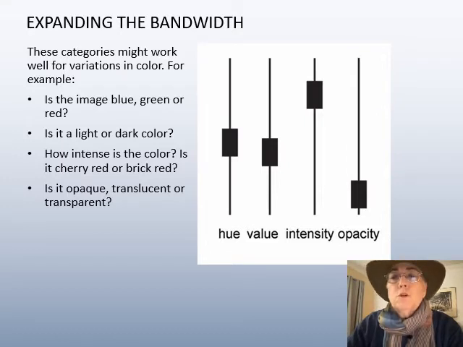Value, which refers to the lightness or darkness of a color, let's say the difference between a bright sky blue and a dark midnight blue. Intensity, which refers to the purity of a color, let's say the difference between a dull brick red and a brilliant fire engine red. And opacity.